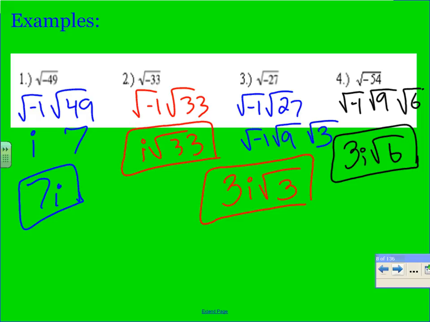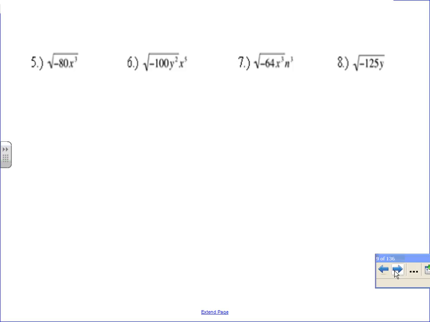I want you guys to try 5 and 6. Split it up, break them down.